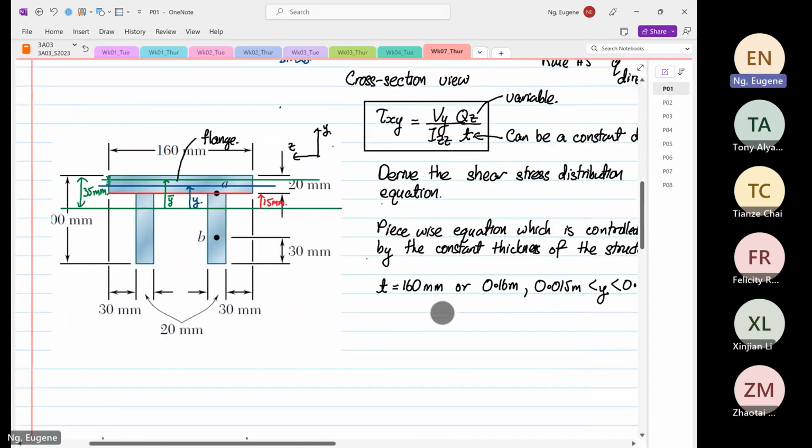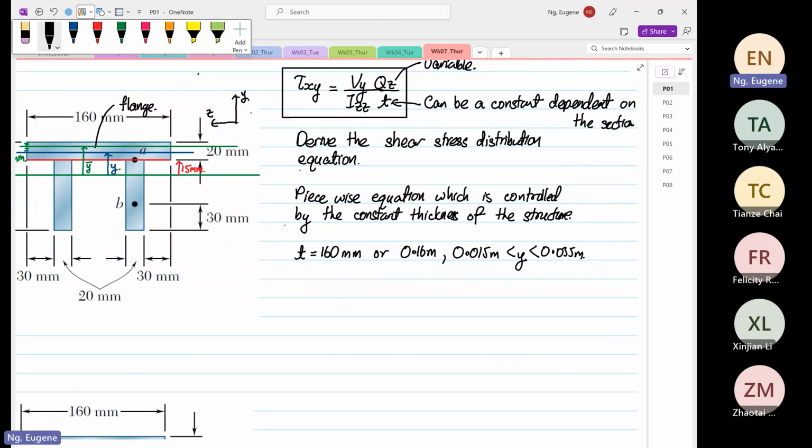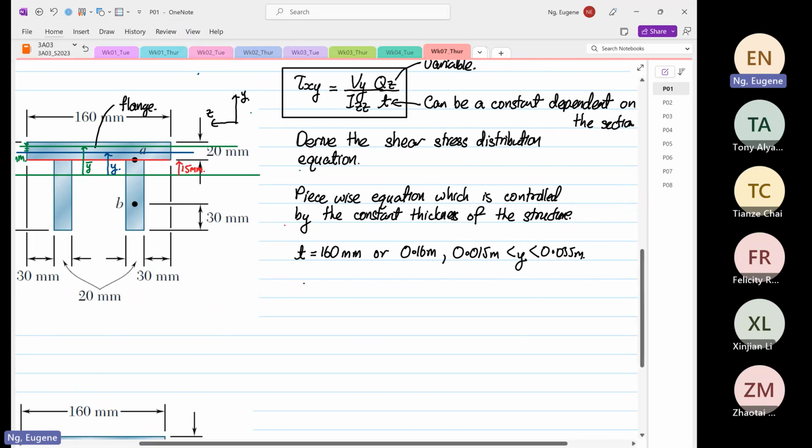So from here we know that our Vy is a constant, Izz is a constant. So now we are going to write Qz as a function of y.